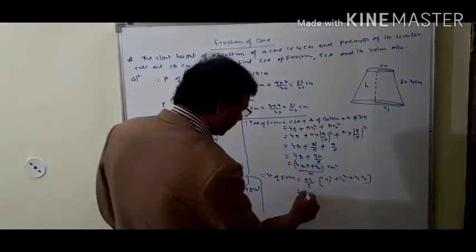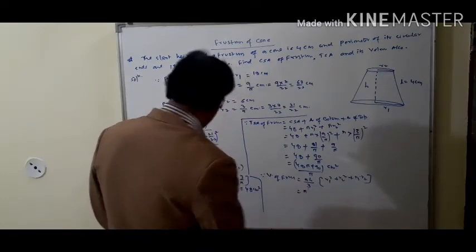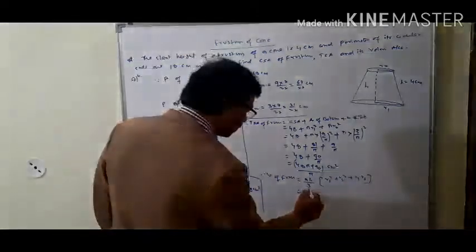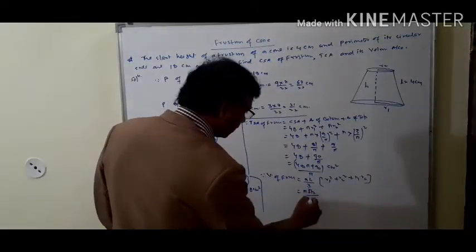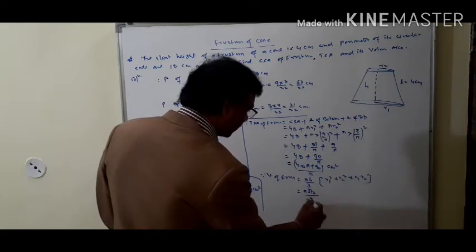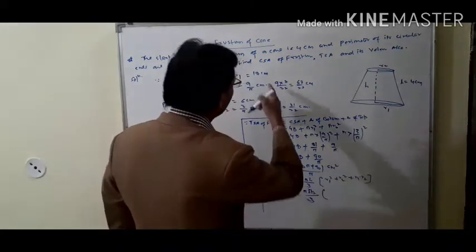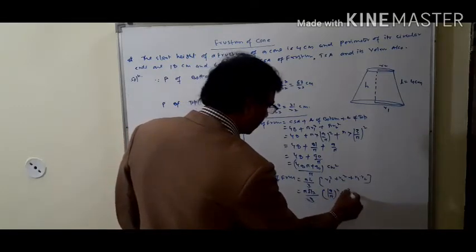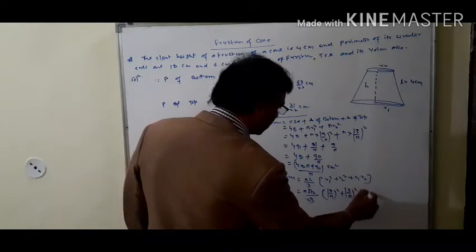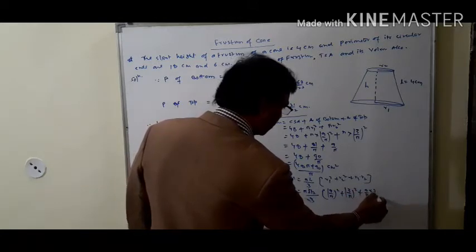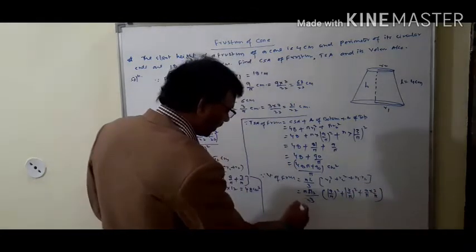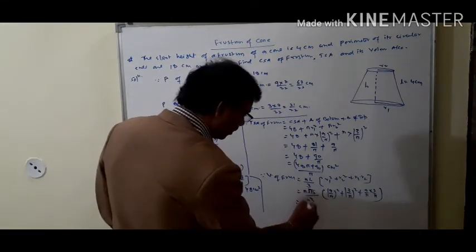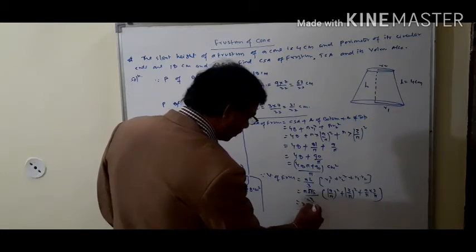Here h equals root under 12, so pi into root under 12 whole upon 3 into (9 upon pi) whole square plus (3 upon pi) whole square plus 9 upon pi into 3 upon pi.